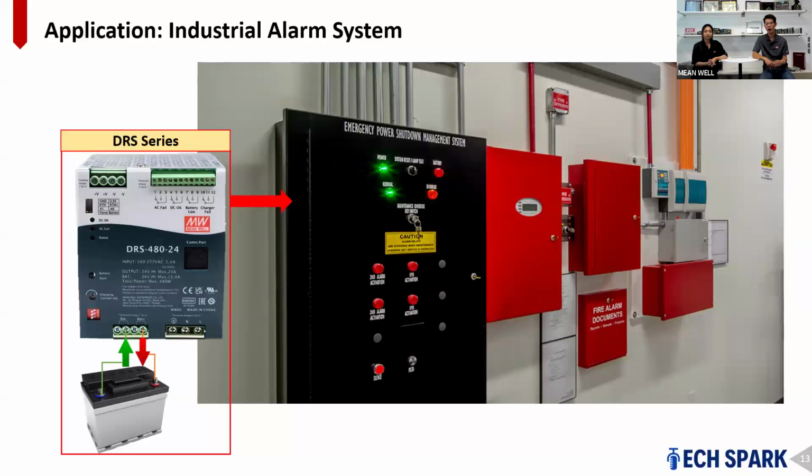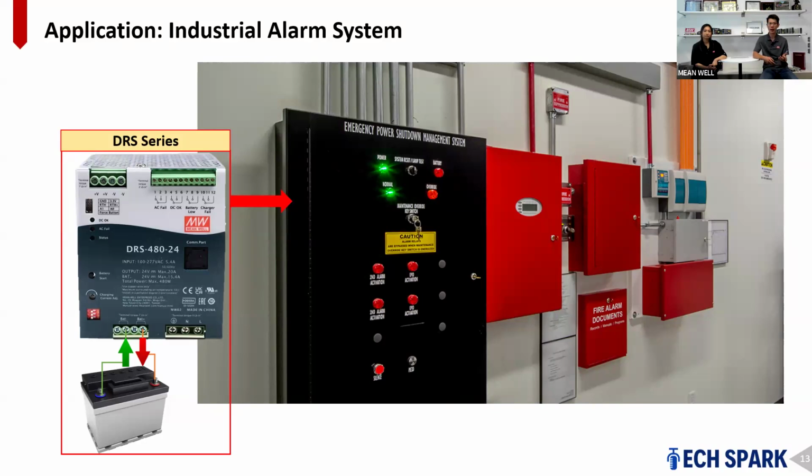As both lithium ion and lead acid batteries can be used with the DRX, it becomes more flexible to assemble the system. Unlike the combination of the DUPS and dimmable power supply, which is good for 24 volt systems, the DRX series is adapted to 12 volt, 24 volt, and 48 volt batteries.